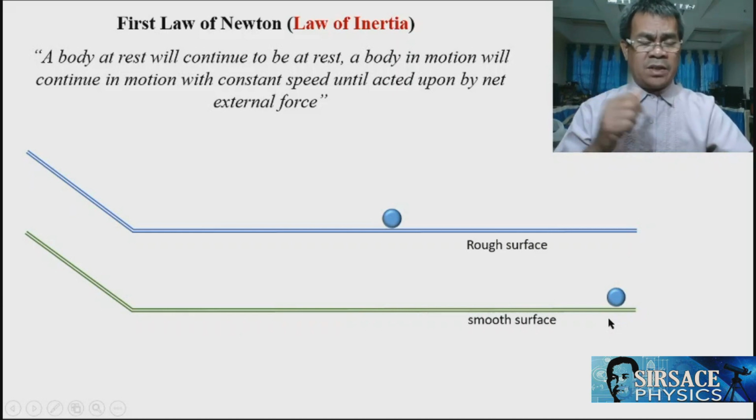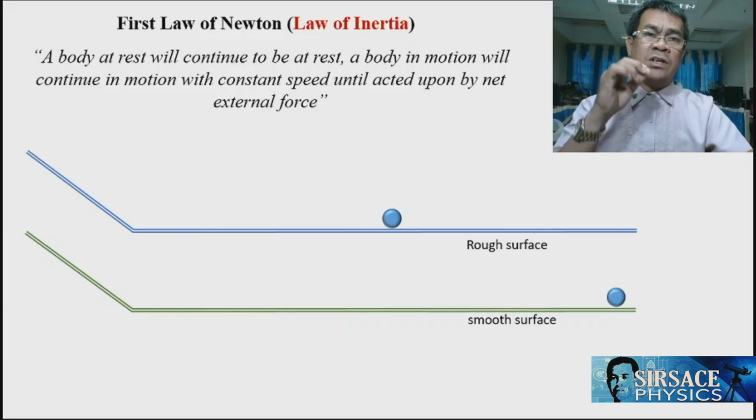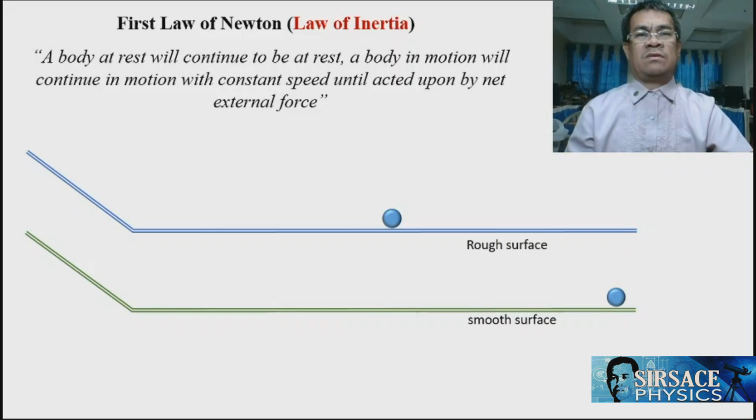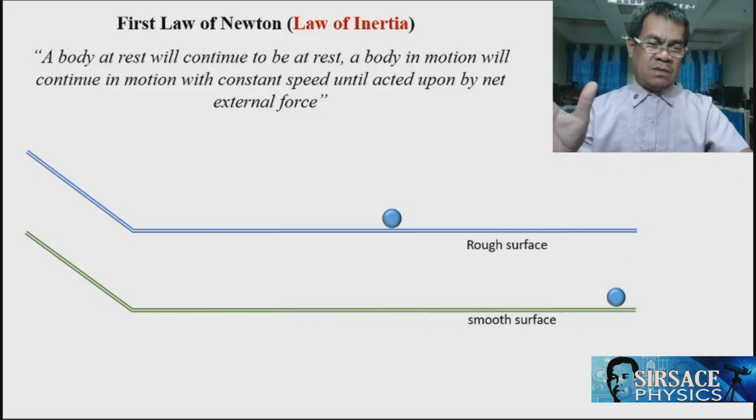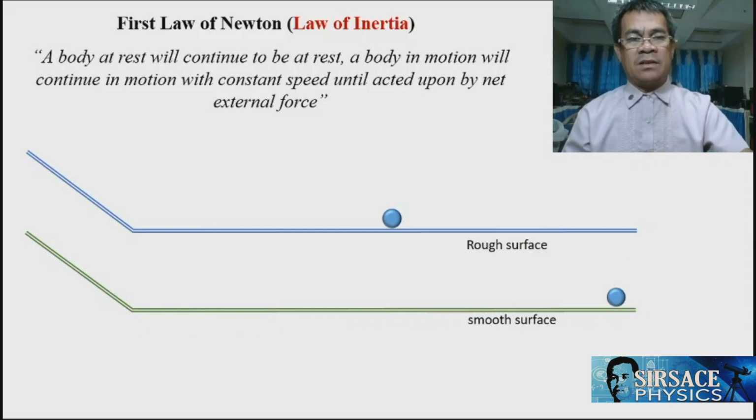Now, if we imagine that there is no friction on the surface. Remember that it is impossible to have frictionless or zero friction, but we can provide a nearly frictionless surface by improving the contact.